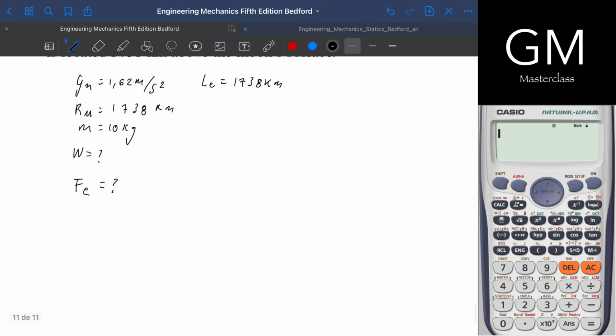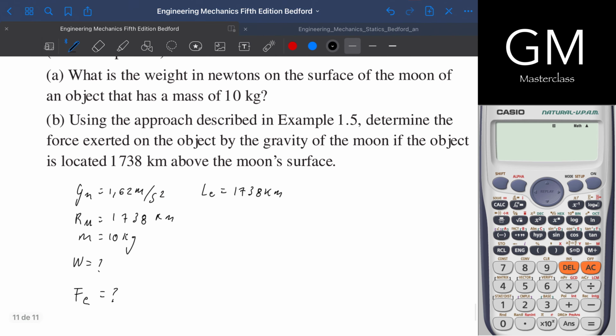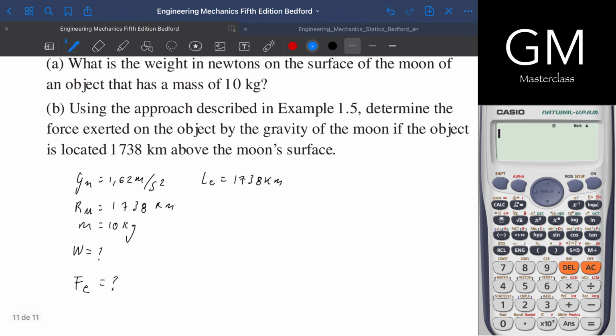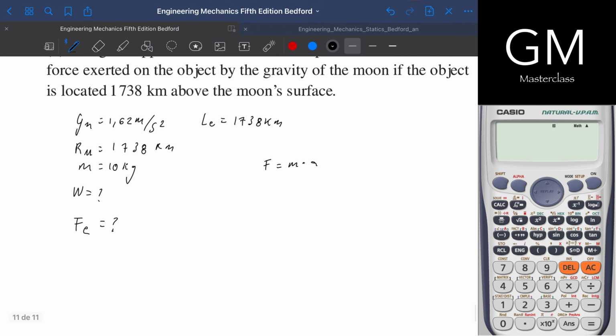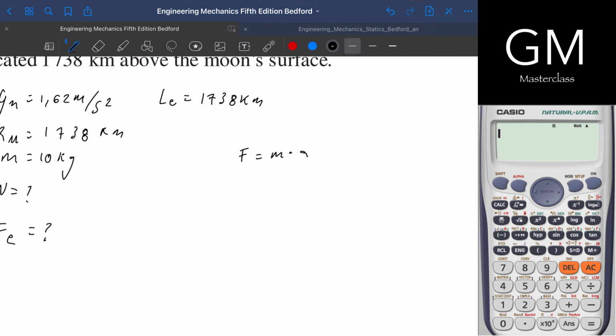Now, what is the weight? Because of Newton's second law, force is equal to mass multiplied by acceleration. When we talk about gravitational forces, the force is equal to a weight, and that is equal to the mass multiplied by the gravity.